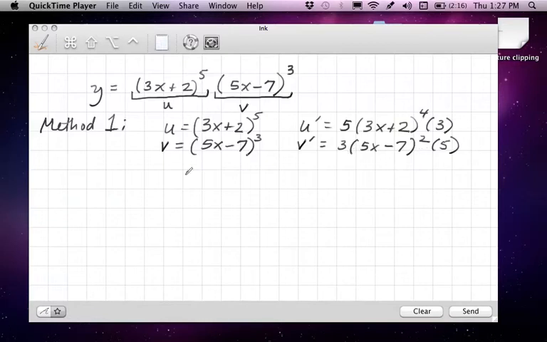Once again, I end up with 15, 5x minus 7 squared. So then y prime is u prime v plus u v prime.